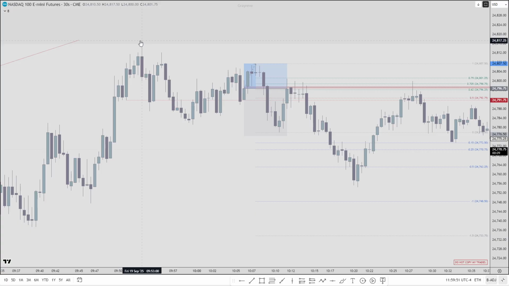The reason why I broke down this trade setup is because it's the first time for a long while that I've actually followed through my trading plan, and I stayed within the framework that I have curated for myself, which I'm pretty happy about, and I'm proud of that.